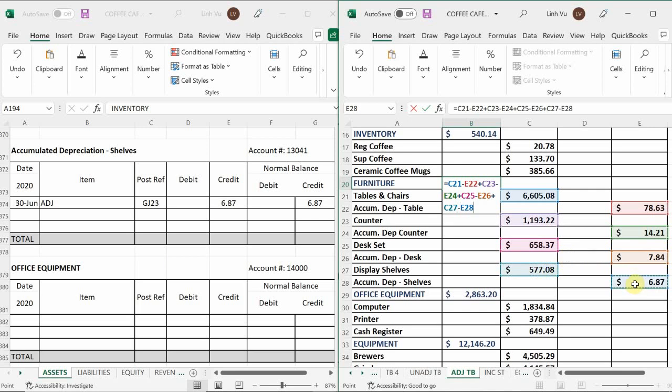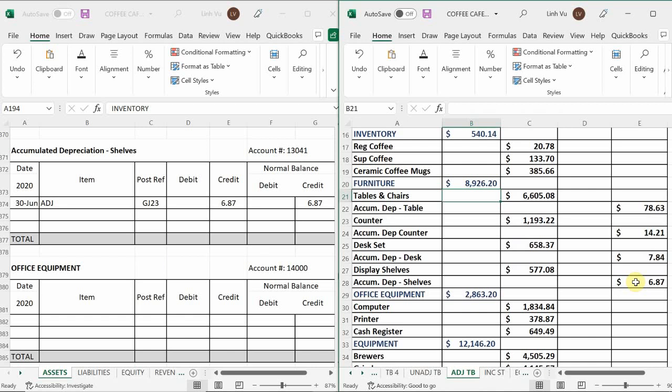So now you should get a grand total of your furniture of $8,926.20. This is considered your book value, because your book value is the value of this asset at this given point in time after depreciation. But when you sell it, or when you get it appraised, that's your fair market value.